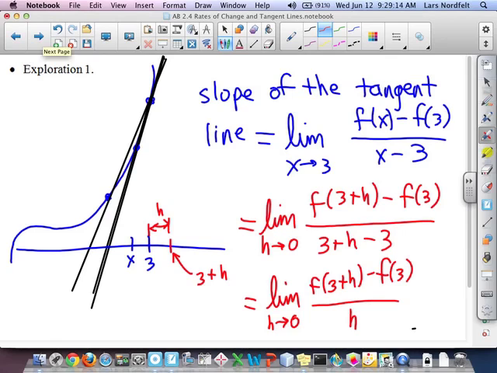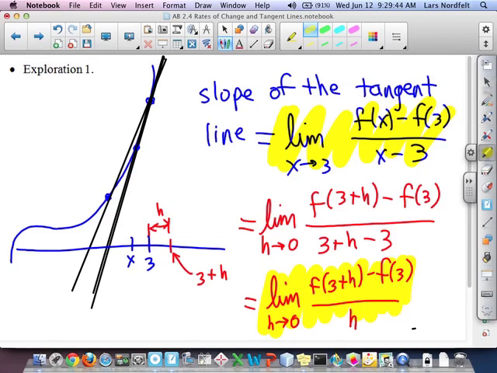So these are two really nice expressions for finding the slope of the line tangent to f at 3. Doug? Why are you finding the limit of that whole thing? For instance, this limit is x goes to 3 of f of x minus f of 3 over x minus 3.